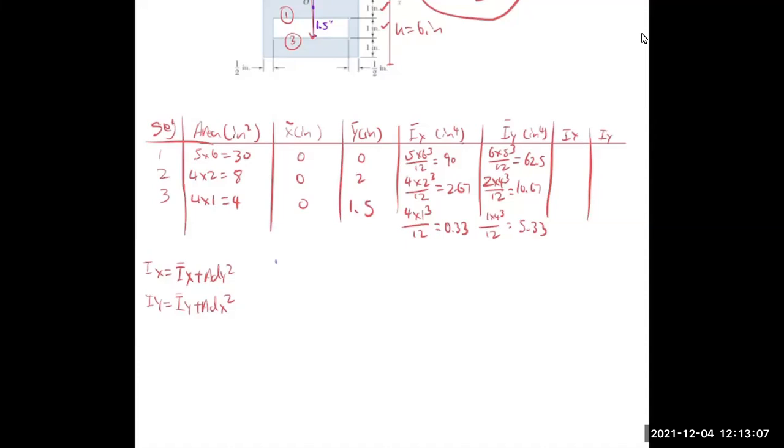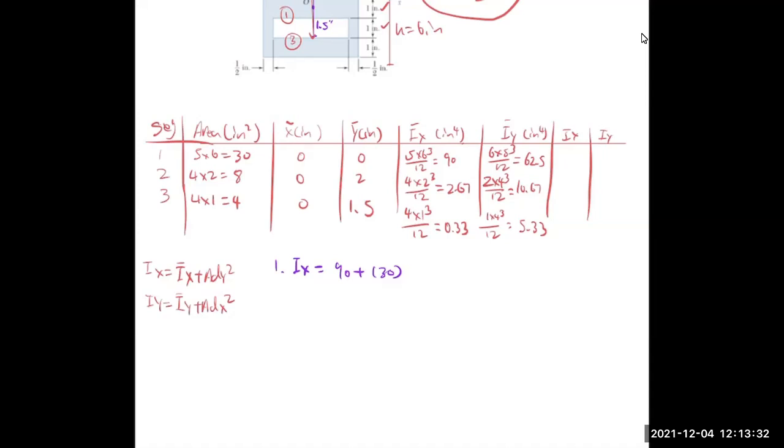Trace a color. Segment 1. So Ix will be equal to Ix bar, which is 90, plus the area, which is 30. Okay, and then multiply by dy. Like I said, dy is from the centroid of the entire object to the centroid of that segment.